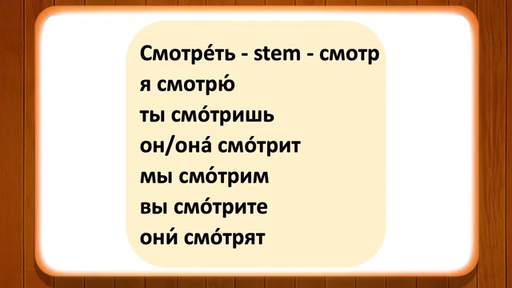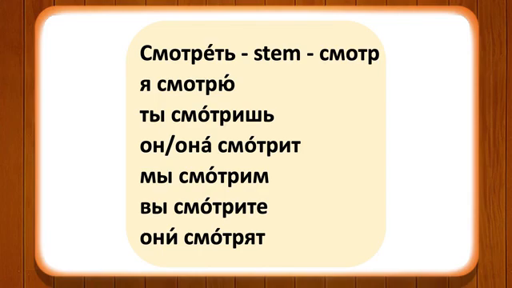Now please pay attention, in this particular verb the stress mark shifts. In the ya form the stress is on the ending, and in the remaining conjugated forms the stress goes on the stem.